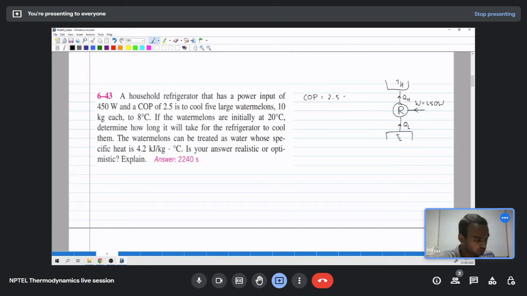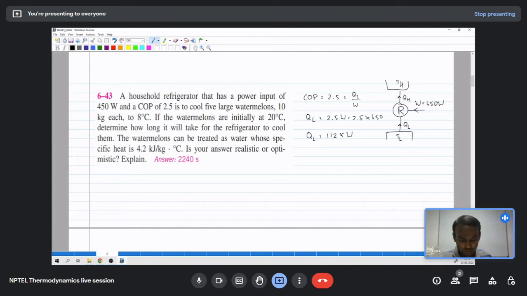That means QL by W is 2.5. So QL can be calculated as 2.5 W, which is 2.5 into 450. So this is 1125 watts. Now we know this is the rate at which the heat is transferred from the low temperature reservoir.